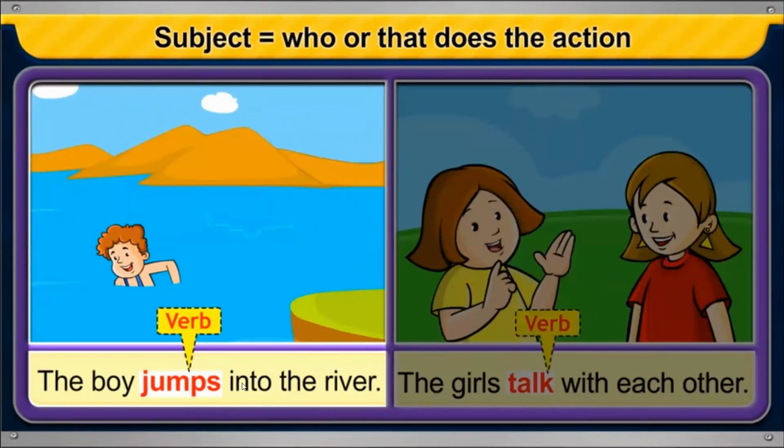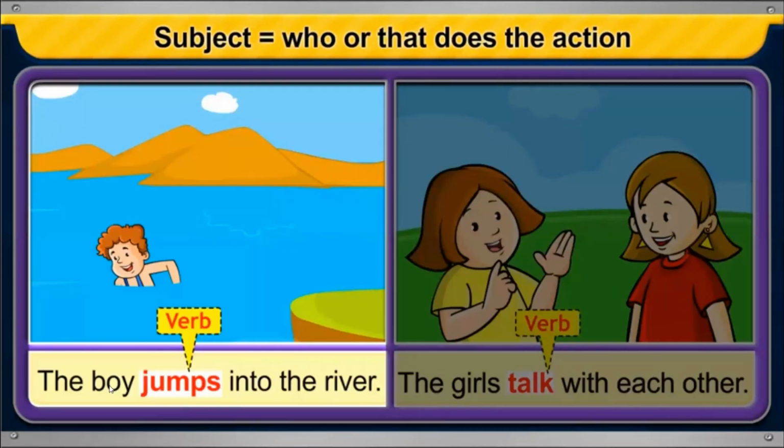We know the boy is the subject and jumps into the river is the verb portion, which is called the predicate. And here the action is jumping. That is jumps. Because the subject is singular, boy, only one boy, the verb is also in singular form. The boy jumps into the river.